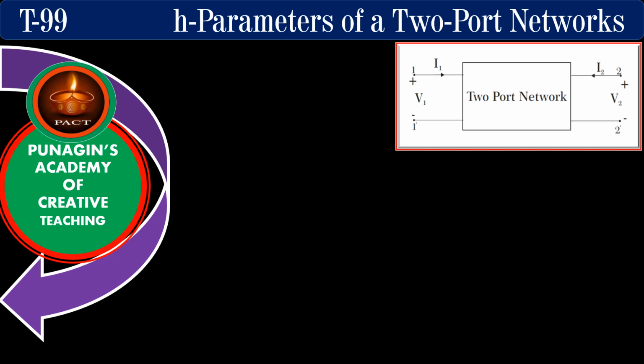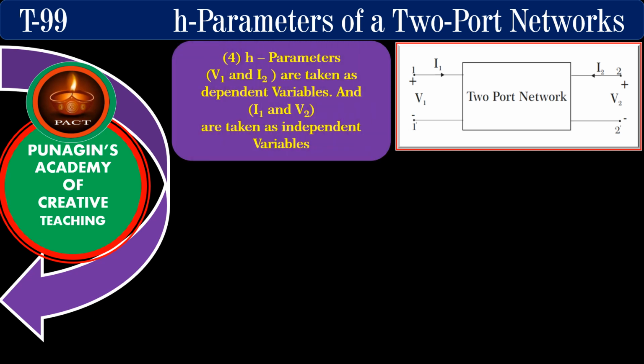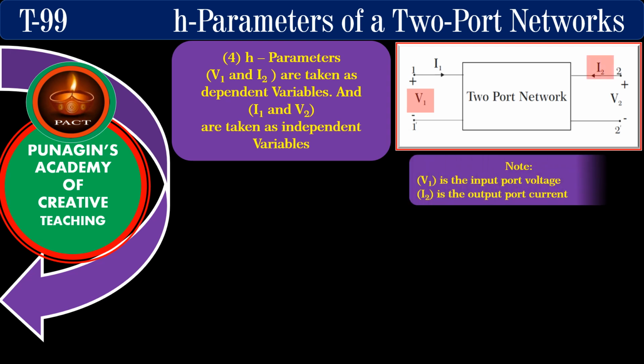Friends, next we shall take up H parameters of a two-port network. And H parameters also are called hybrid parameters. To obtain the two equations in terms of H parameters, we consider V1 and I2 as dependent variables and note V1 is the input port voltage and I2 is the output port current.